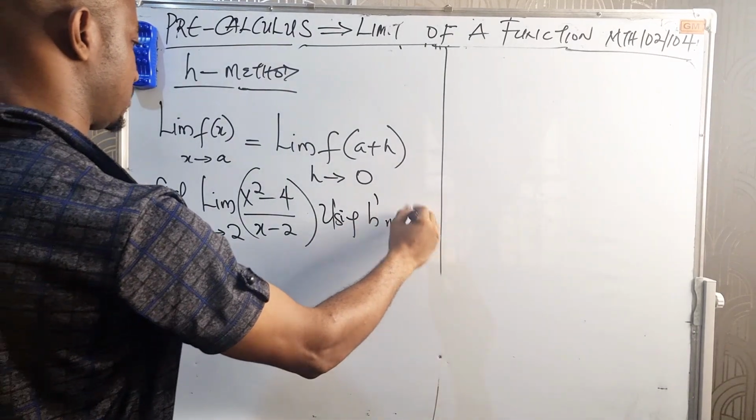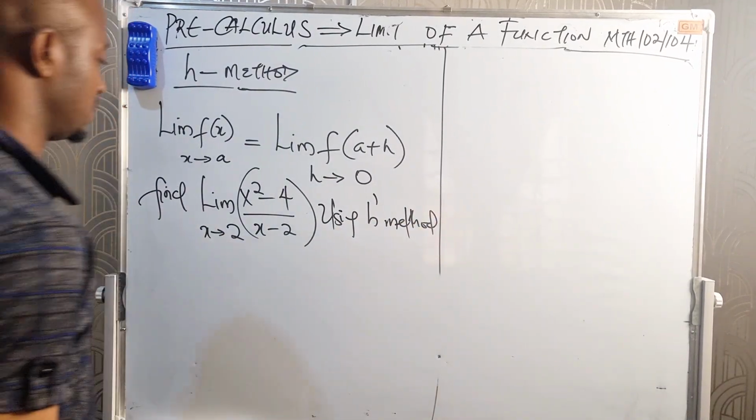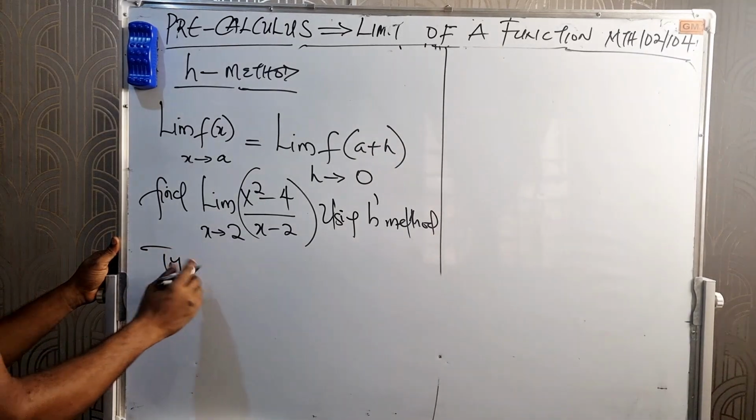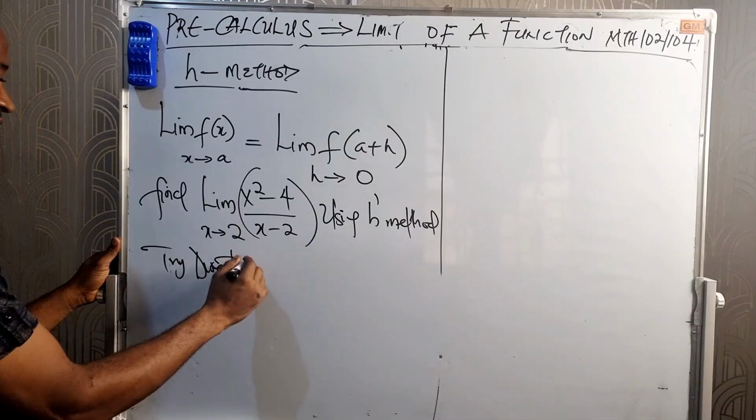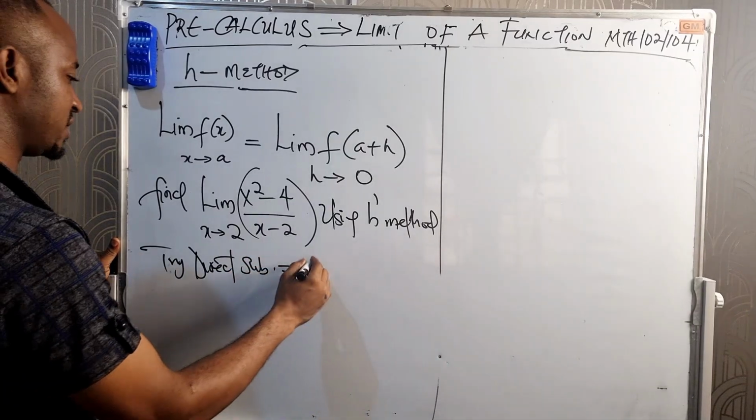Don't forget that before you use the h method, you have to try what first? Direct substitution. But this will give us 0 over 0.